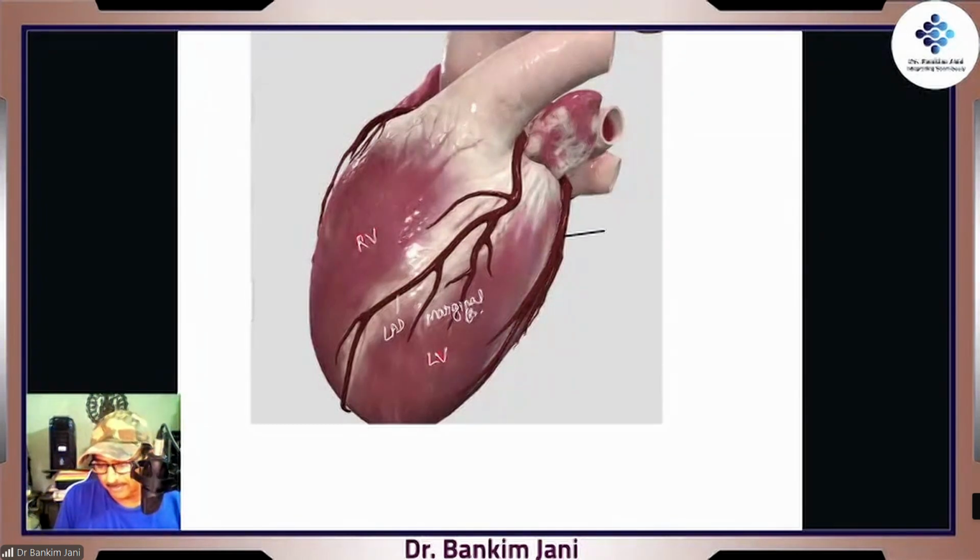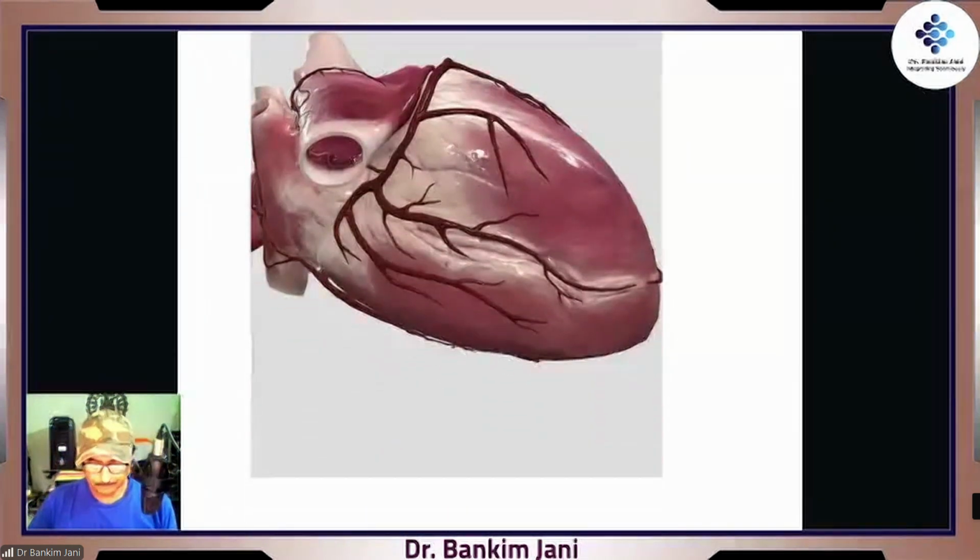And this one is the left circumflex. See how it winds around, it goes posterior. Orientation, if you can figure out, you should be able to from the structure itself. These two are on both sides, right?